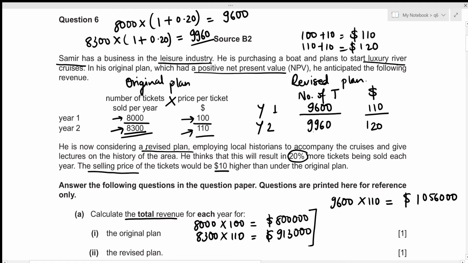We have our number of tickets sold per year of 9,960 and the price per ticket is 120. Let's multiply these two together. Now this gives the total revenue under the revised plan for year 2 to be 1,195,200. Now let's write these two values under our revised plan.